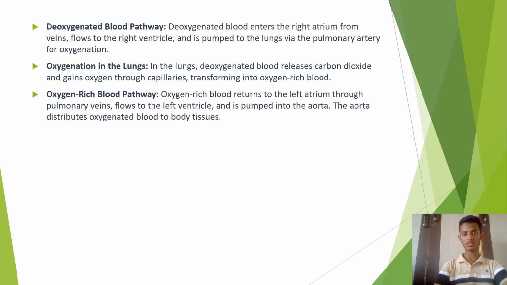We can see capillaries in the last diagram. Oxygen-rich blood pathway. Oxygen-rich blood returns to the left atrium through pulmonary veins, flows to the left ventricle, and is pumped into the aorta. The aorta distributes oxygenated blood to body tissue.